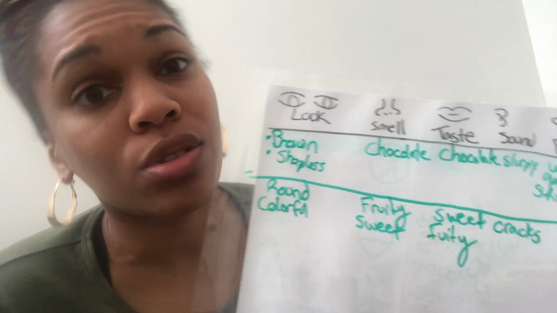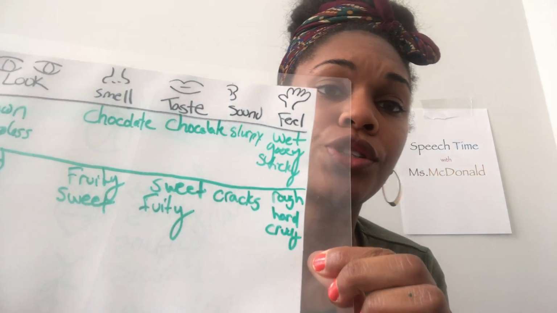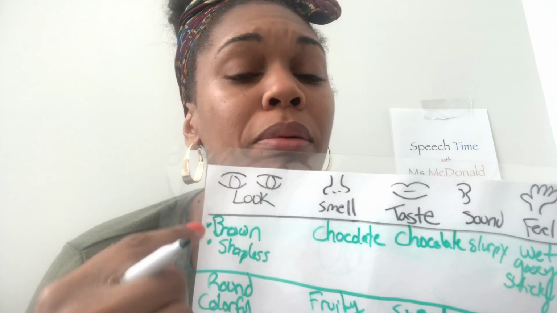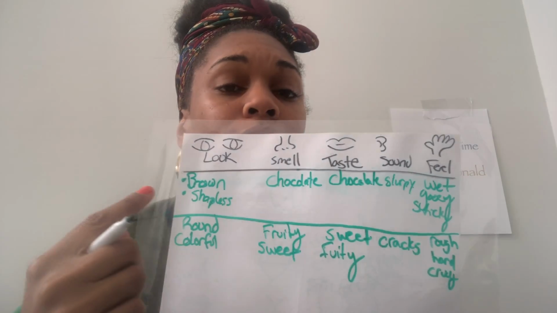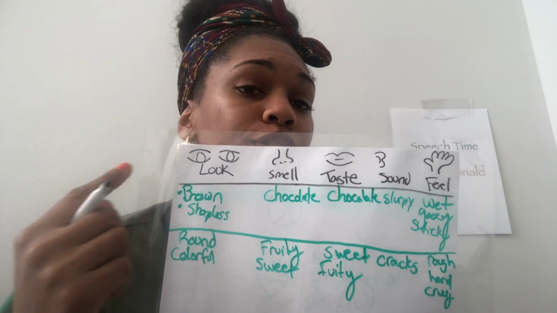It also feels hard. So I'm going to write that down. It feels rough. It feels hard. And it feels crunchy. Pick one. Rough, hard, or crunchy. Now we've gotten the idea of how to compare and talk about the adjectives of our different foods.